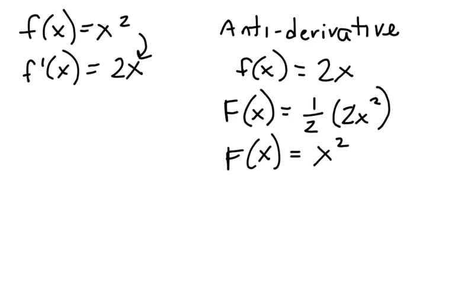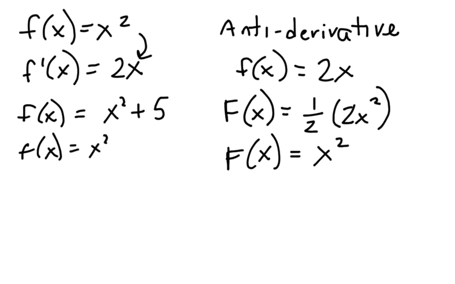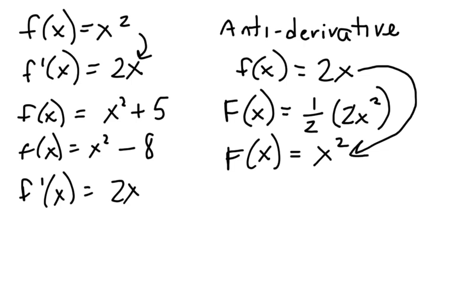The only thing is, what if my original function had been x squared plus 5, or x squared minus 8? All of those would have a derivative of 2x. So when I take my antiderivative of 2x to get x squared, how do I know it shouldn't be x squared plus 5 or x squared minus 8?